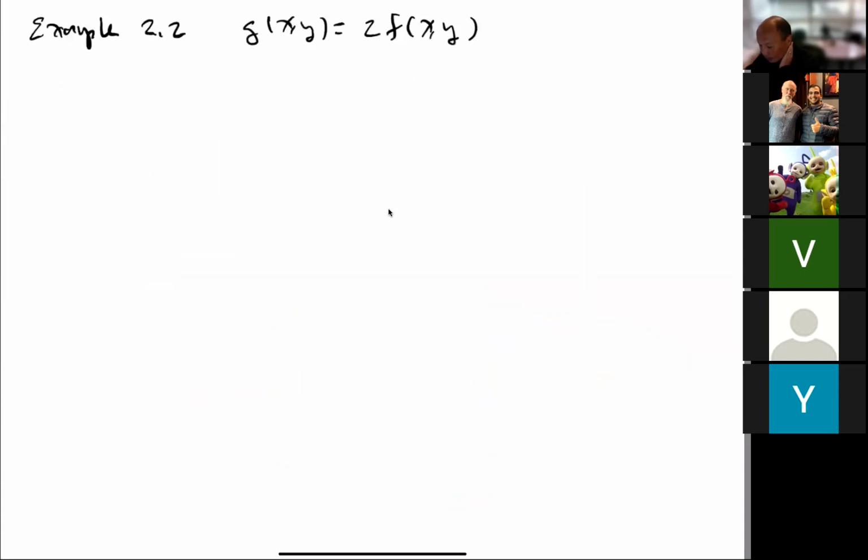The way to think about it is your input is f, you're multiplying it by 2, and you're getting out g equals 2 times f. The x,y is maybe a little confusing, but the input is f, and the output is g equals 2f. As the example in the book shows, it is a linear system.